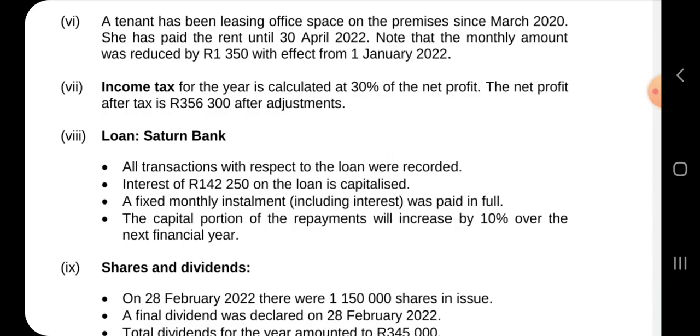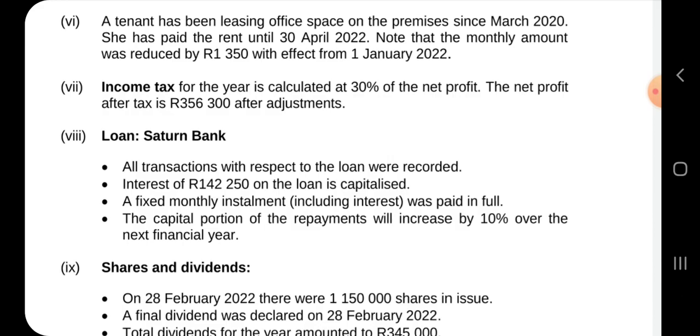So the amount for rent was reduced by 1,350 from 1 January 2022. So the rent ends in April 2022. So they have paid a lot of money. So let's say we will take 1,350 and multiply it by the months since the 1st of January: January, February, March, April.